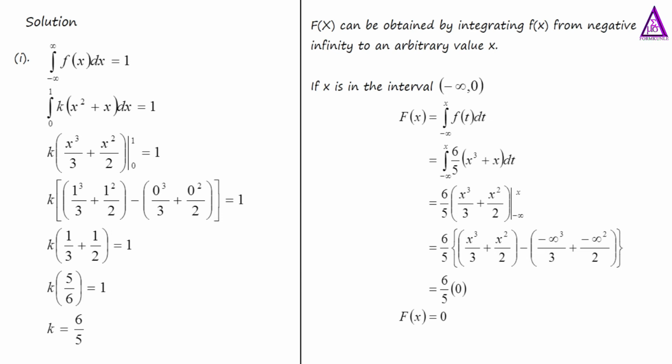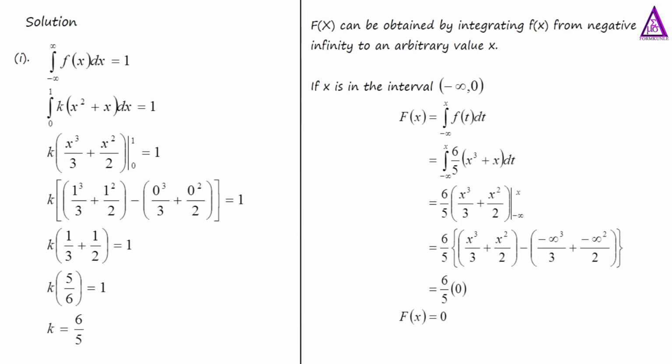To obtain the cumulative distribution function, capital F of x can be obtained by integrating small f of s from negative infinity to an arbitrary value x. If x is in the interval negative infinity to 0, our cumulative distribution function equals this.